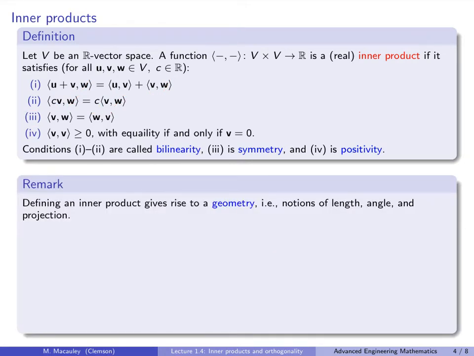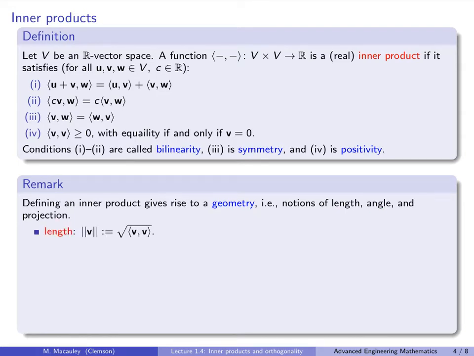So here's a remark that should not be a surprise. I've told you it was coming, but defining an inner product on a vector space gives rise to a geometry. Right away we get a notion of length, of angle, and projections.